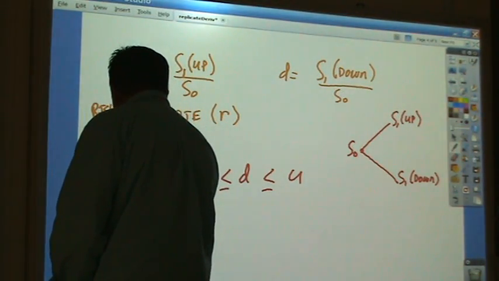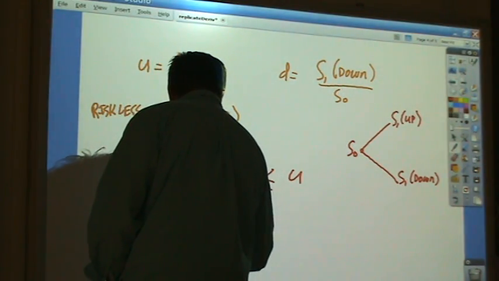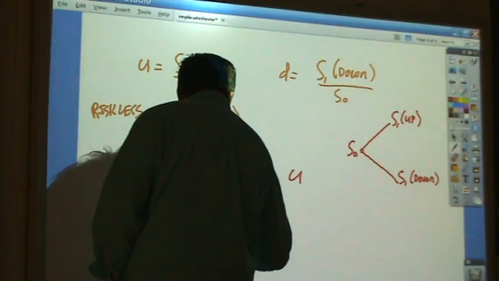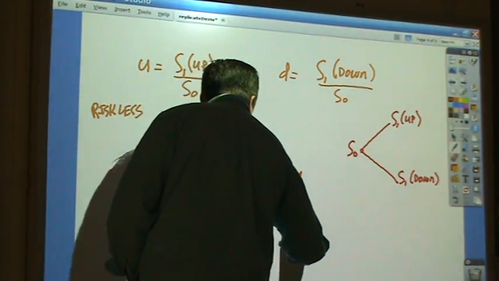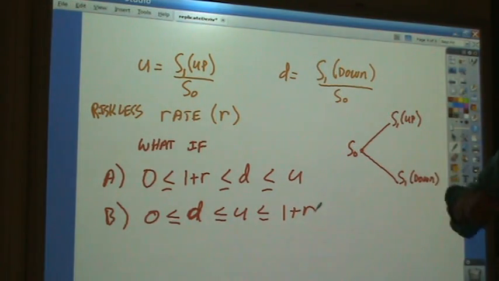What if this happened? What if the best case scenario was worse than the interest rate for a particular stock? What would happen then? Or what could you do then?